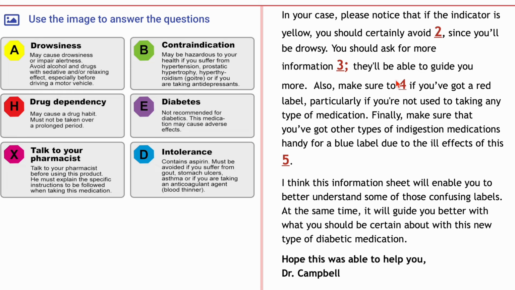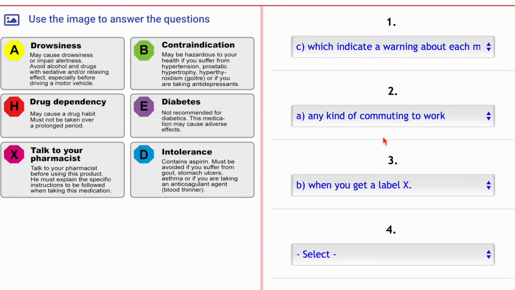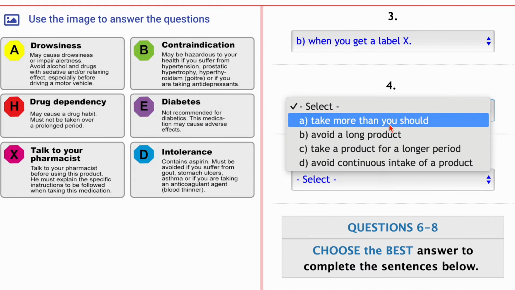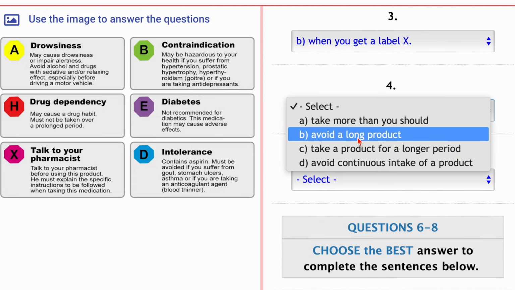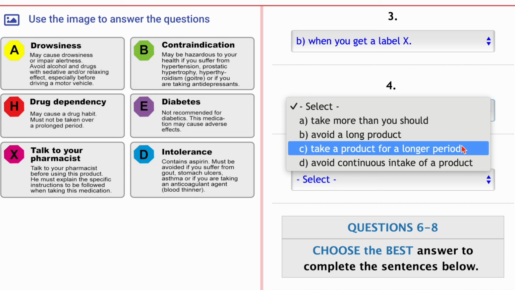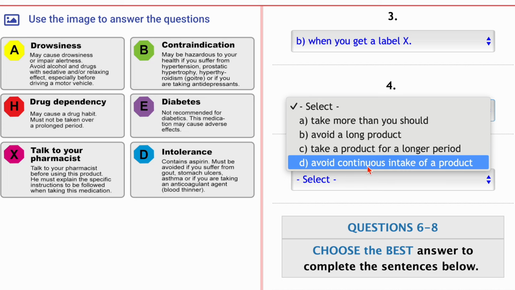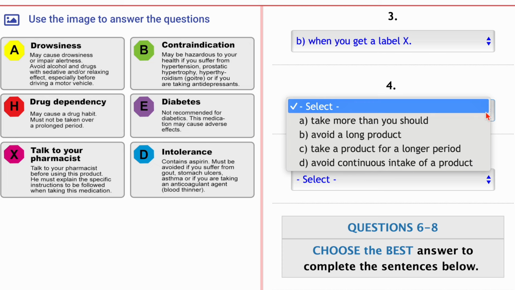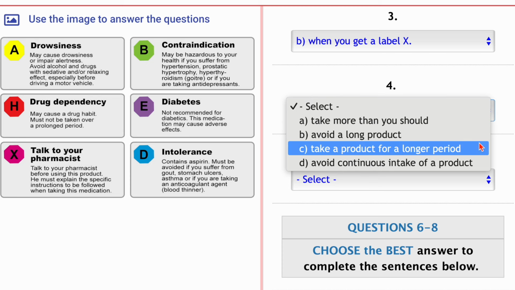So make sure to 4 if you've got a red label. Take more than you should. Avoid a long product. Take a product for a longer period. Avoid continuous intake of a product. Well, I can tell you it's not B, right?